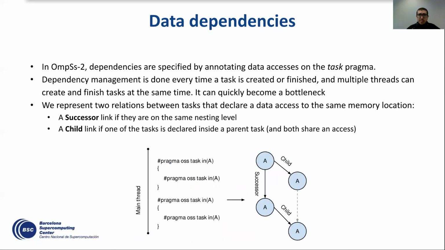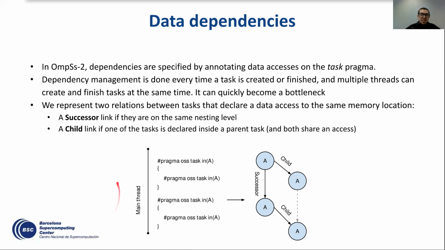In OmpSs-2, we express dependencies by annotating the data that each task accesses on a pragma, very similarly to how OpenMP dependencies work. Dependency management is executed when a task is created or finished, and multiple threads can be creating and finishing tasks at the same time. So we need synchronization, and it can become a contention bottleneck. As shown in this diagram here at the bottom, there are two possible relations of dependency between tasks in OmpSs-2.